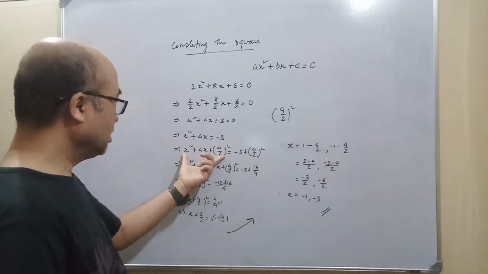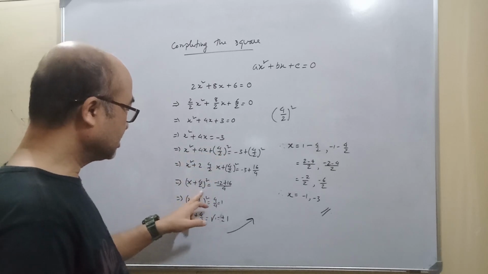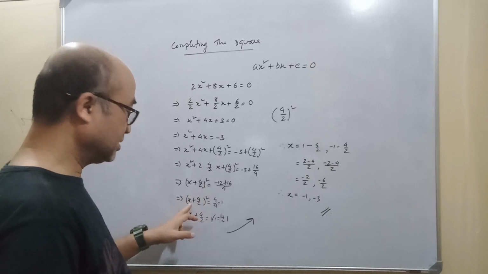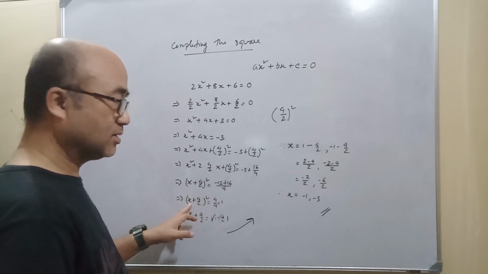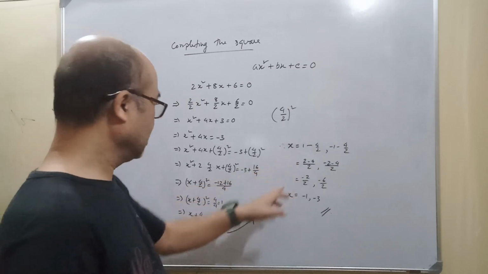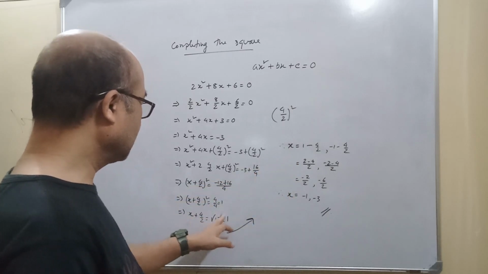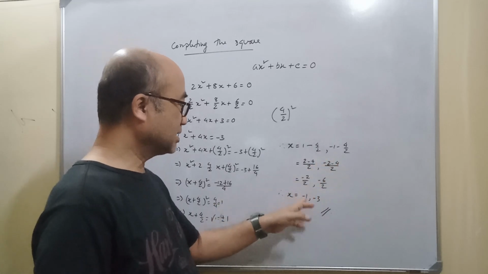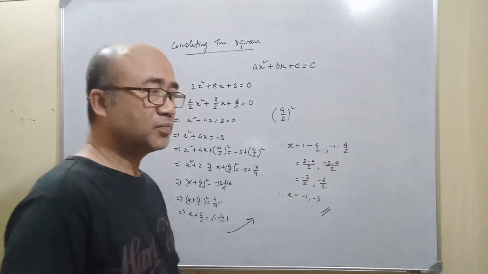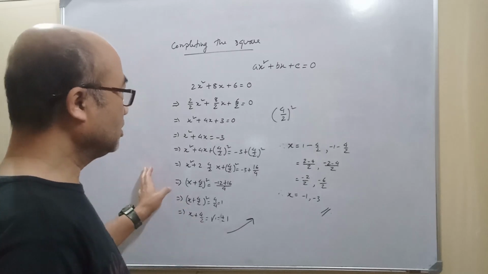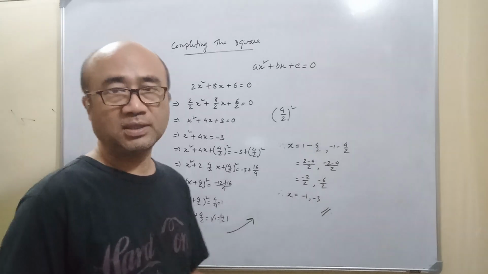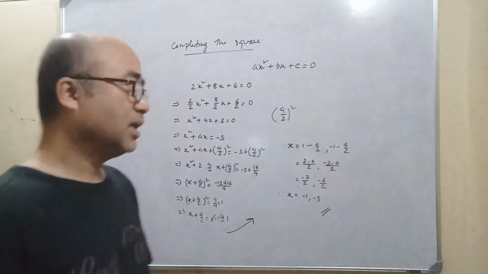Then it becomes a perfect square like this. Then you can solve for x, like this. X plus 4 by 2 is equal to plus minus 1. So you get two values of x like this. So it is easy to solve by completing the square like this. This is an example.